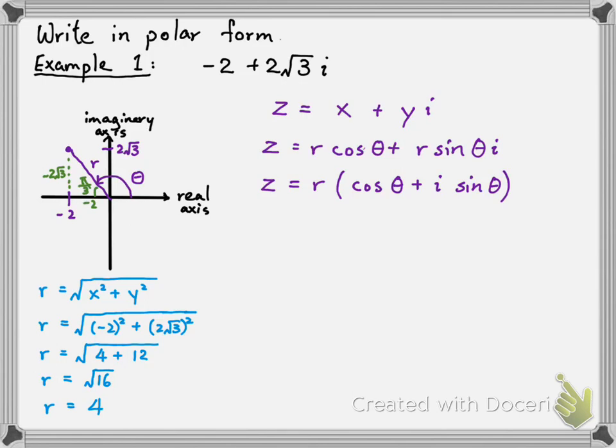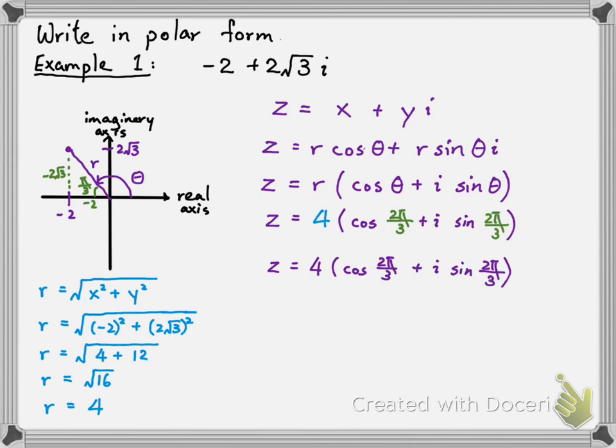Substitute r equals 4 and theta by 2 pi over 3. We will have the polar form of this complex number as z equals 4 open parentheses cosine 2 pi over 3 plus i sine 2 pi over 3.